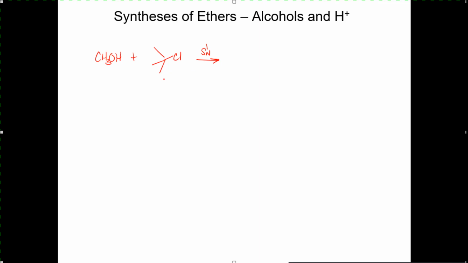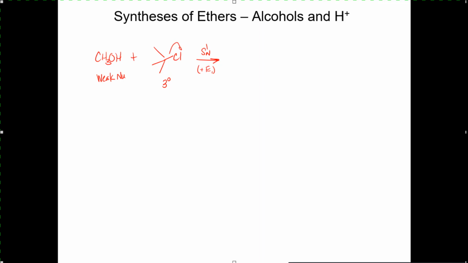I've got a tertiary halide plus what kind of a nucleophile? Since it's a neutral nucleophile, it's a weak nucleophile. So a weak nucleophile plus a tertiary halide goes by SN1. Oh, and it also goes by E1 as well, but let's just focus on the SN1 here. So what would happen?